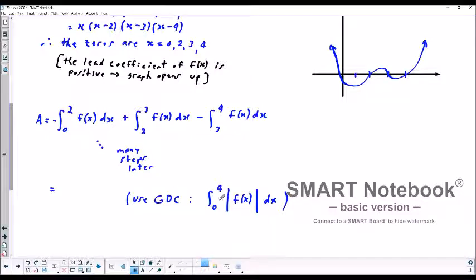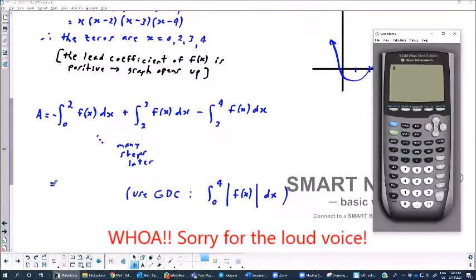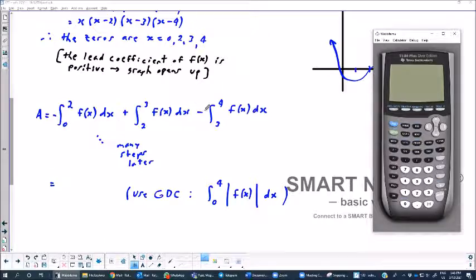And I'm just going to use the GDC. I'm going to show you the GDC version of this, where we use the absolute values and evaluate from 0 to 4. And then that will give us the area under the curve. So if you wanted to do it by hand, it would be a lot of grunt work to get through all this stuff.